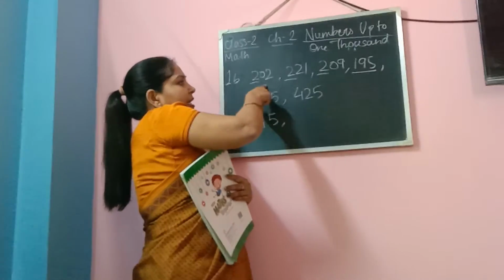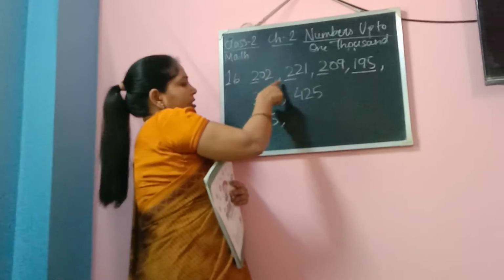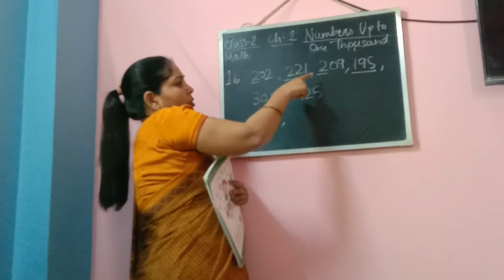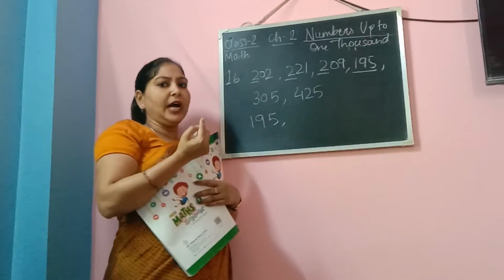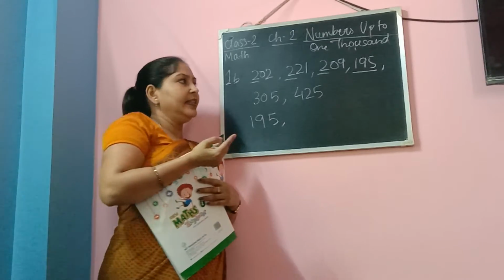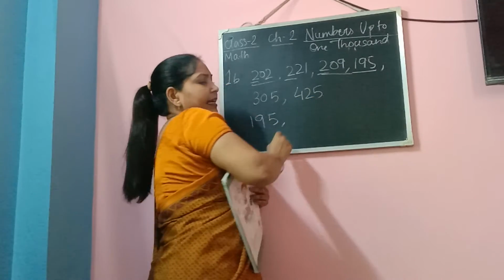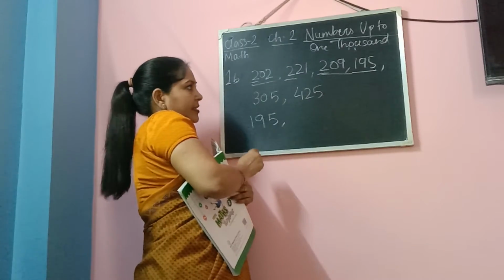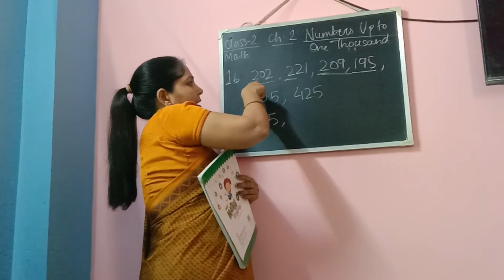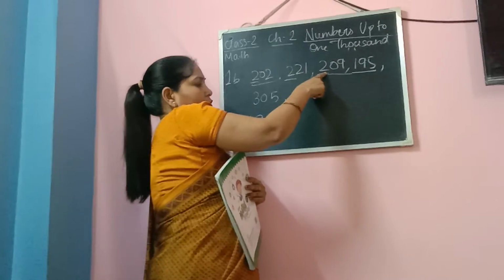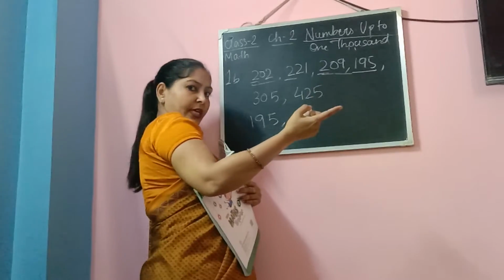Now among these 3 numbers, we have to find out the smaller number. Now here you see 202, 221, 209. If you know the counting, you can easily say that 202 is smaller than 209. Isn't it? So how to compare? Here it is 2, here also 2, can't say. Here 0, here also 0, equal.